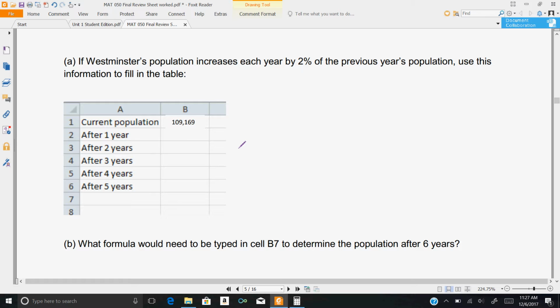So after 1 year, I will take the 109,169, and that's going to increase by 2%. So it's going to increase by 2 out of 100. I'm going to do that on the calculator.